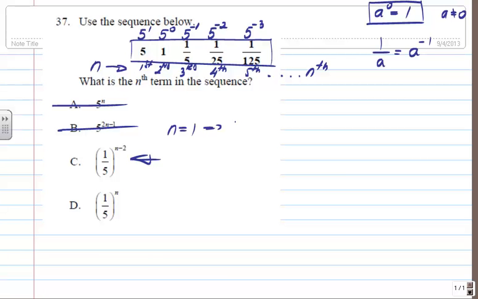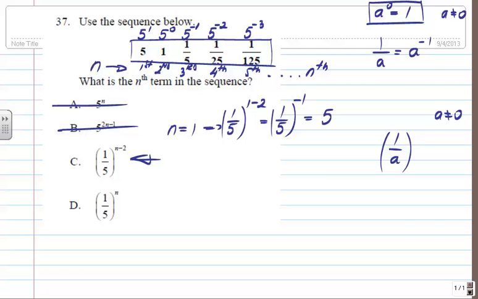I have 1 over 5 to the power of n minus 2, which is 1 minus 2, which is actually 1/5 to the power of negative 1. And what is 1/5 to the power of negative 1? Well, it is 5. Do you guys remember that? One of the laws of exponents says if you have 1 over a, obviously a different than 0, to the power of negative 1, this is the same as a over 1, or a. You're just flipping that fraction.